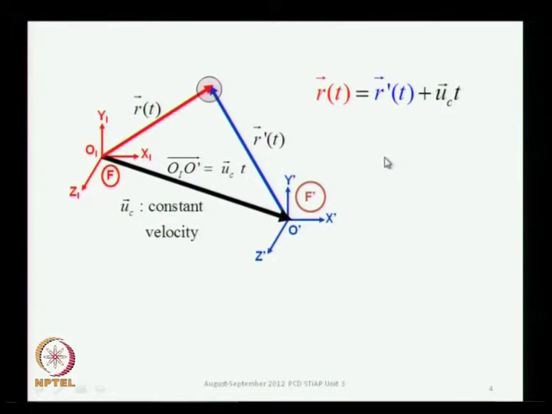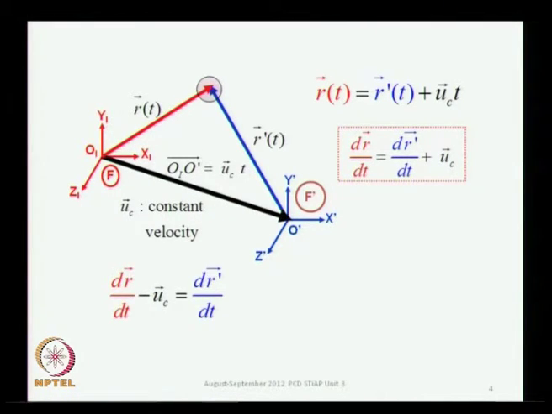Now if you take the time derivative of this relation, dr by dt gives you the velocity of this object in the first frame, and dr prime by dt gives you the velocity in the second frame, and these two velocities are obviously not the same because you must add u to this to get the velocity in the first frame. Essentially this is the relationship between the velocities of an object in two inertial frames of reference.